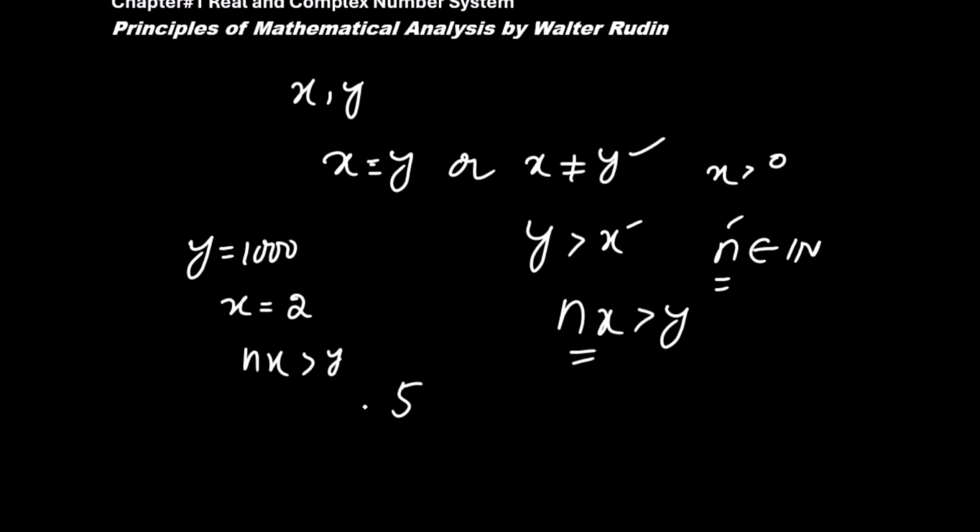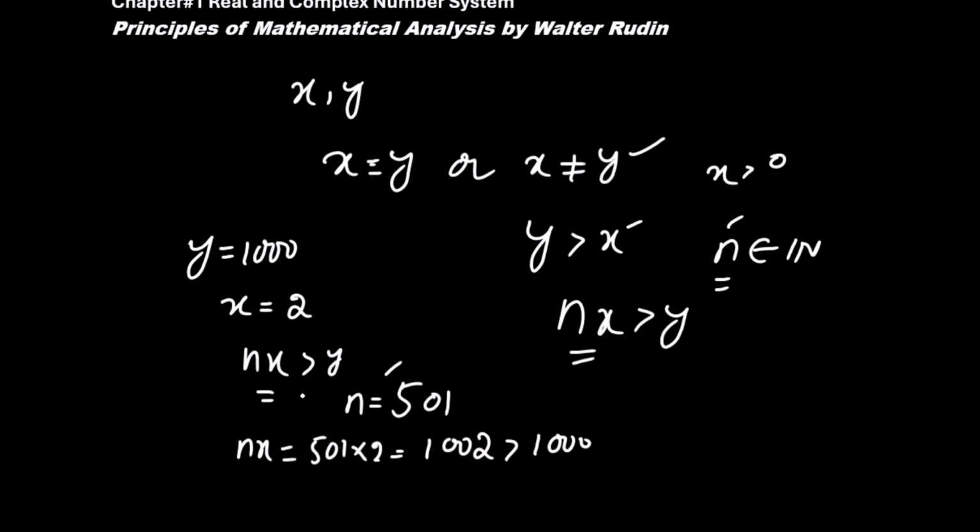Suppose the first n that makes the product nx bigger than y is 501. So n times x, that is 501 times 2, is 1002, which is bigger than y. There exist many n for which this product nx is greater than y. Now we will discuss its statement and proof properly.